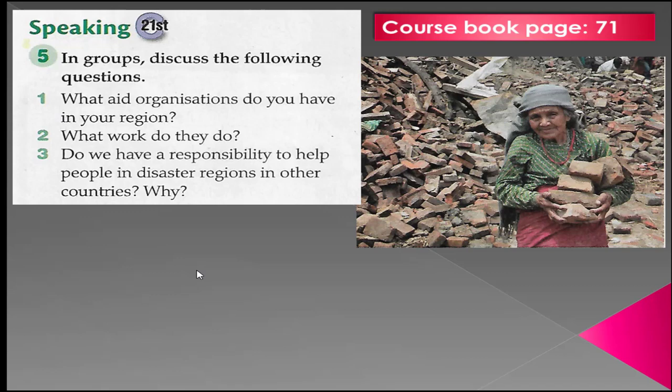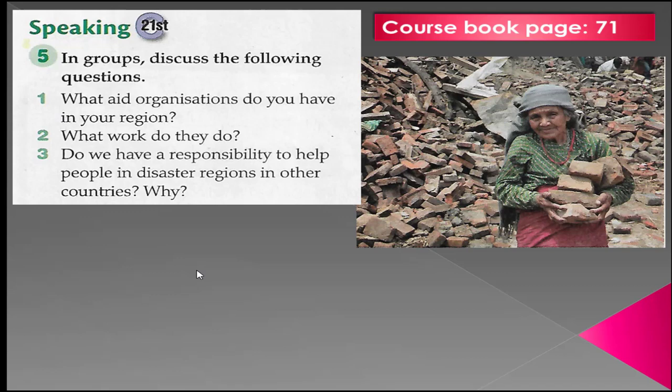Now, number 3, do we have a responsibility to help people in disaster regions in other countries, and why? That means, why should we help others who are affected by disasters? Here, think of your responsibility as a human, and think of the people, and think of yourself if you are in the same place. If you are affected by a disaster, of course you will need the help of others.